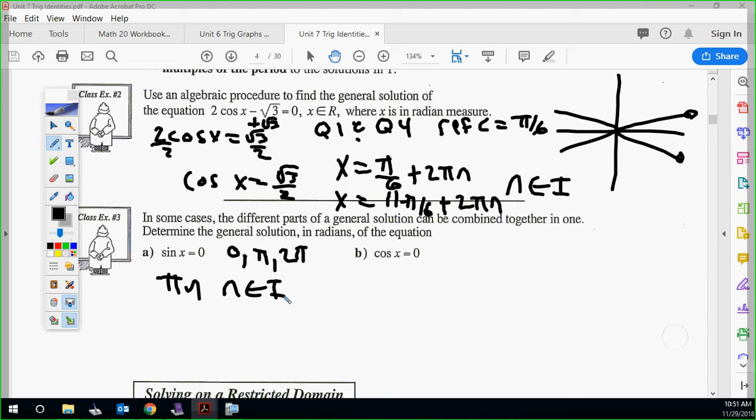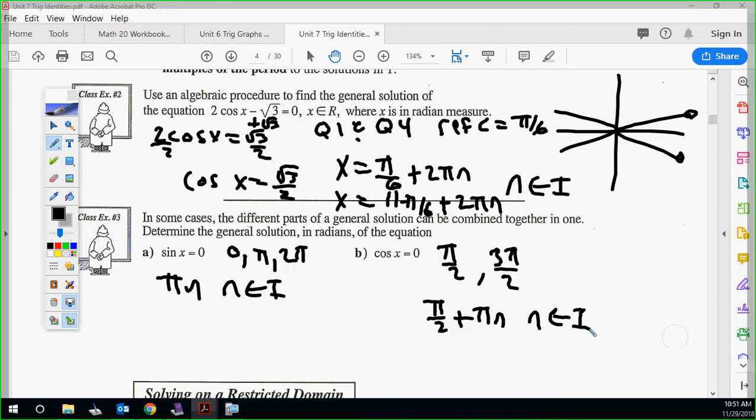Okay, and then cosine at 0: pi over 2 and 3 pi over 2. So simply this one happens at pi over 2 plus pi n. It happens every pi starting at pi over 2. Right? 0.5, 1.5, 2.5, 3.5. All those spots will be the same location.